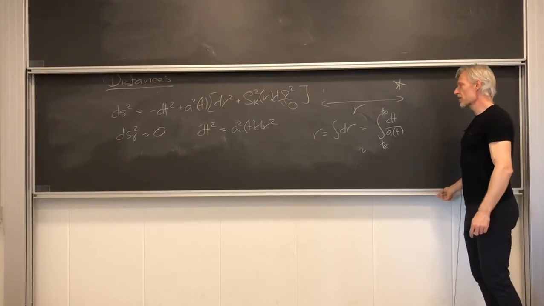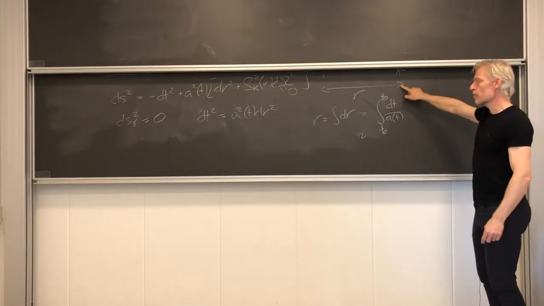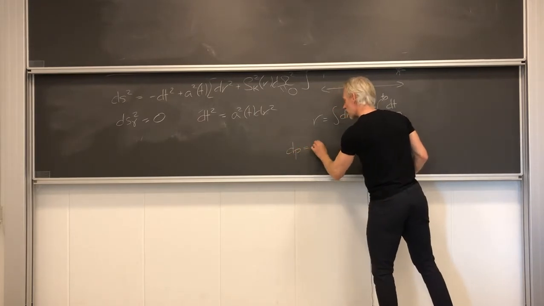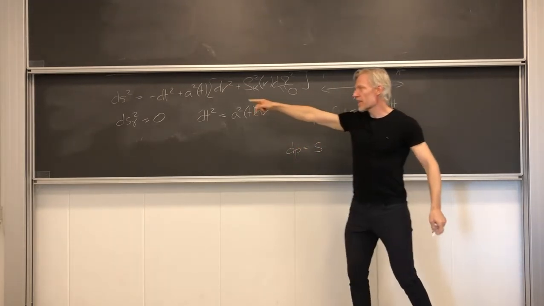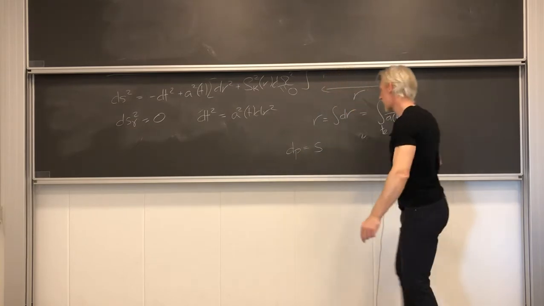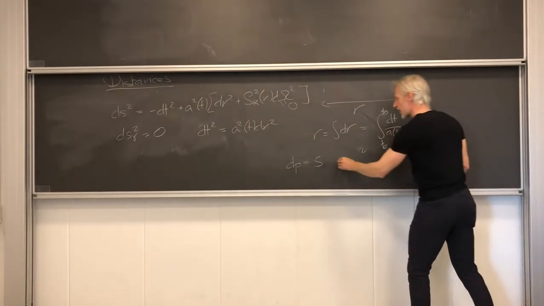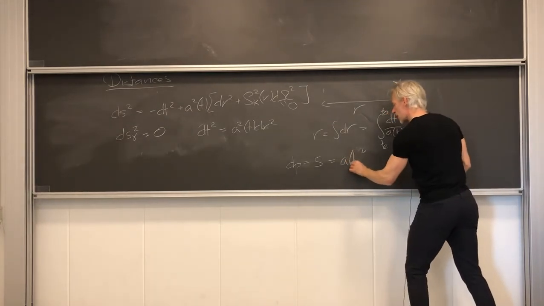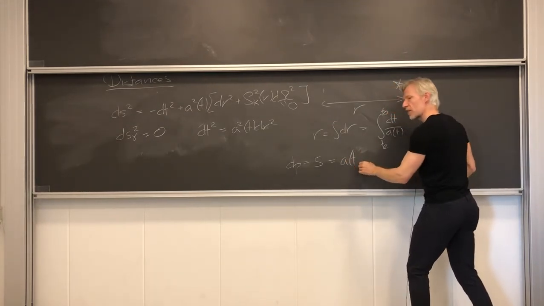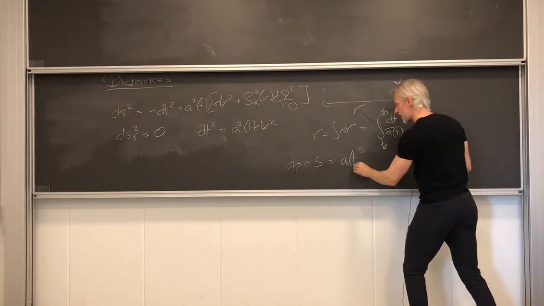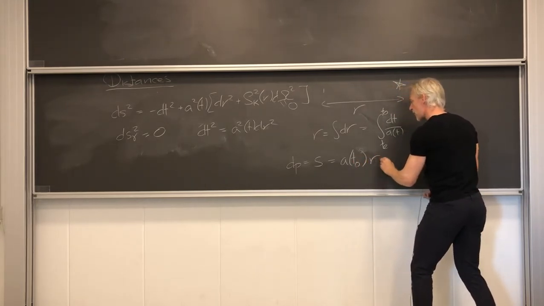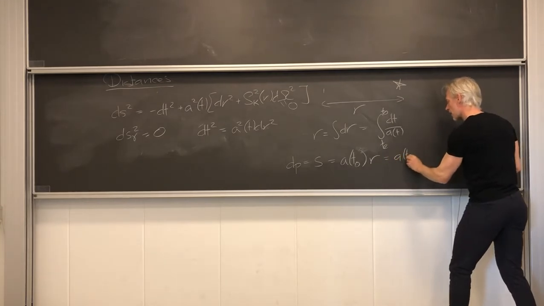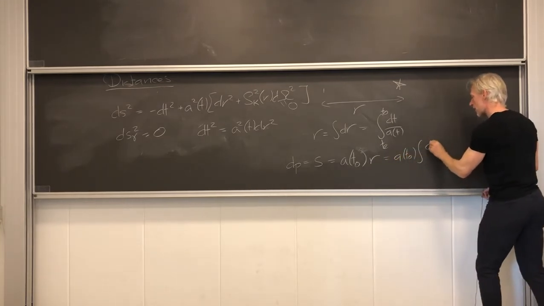I can also convert this into a physical, actual proper distance, as it's called. And that would be corresponding to S in our Friedmann-Robertson-Walker metric. Well, S by definition, of course, is the scale factor at the current epoch, the one where we want the proper distance measured, times the coordinate distance. And that I could also write as this integral here.